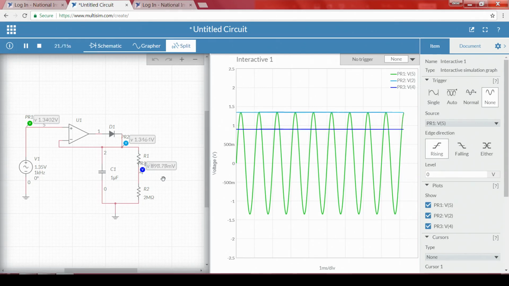Say V in is 1 volt, R2 is 2 mega, R1 is 1 mega, so 2 by 3 is 0.66. So if the input voltage is 1 volt, the threshold point is somewhere around 660 millivolts, or 0.66 volts.